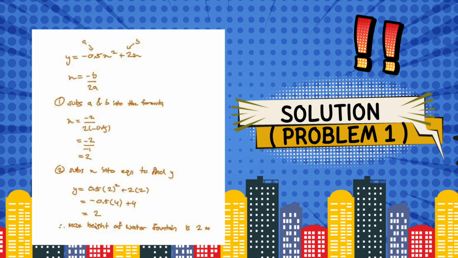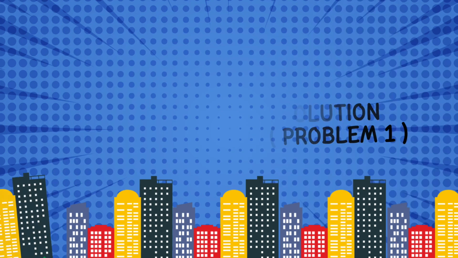Then we substitute the value of x into the equation to find y. Then we will get y equals negative 0.5 times 2 squared plus 2 times 2 equals negative 0.5 times 4 plus 4 equals 2. Thus, the maximum height of the water fountain is 2 meters.